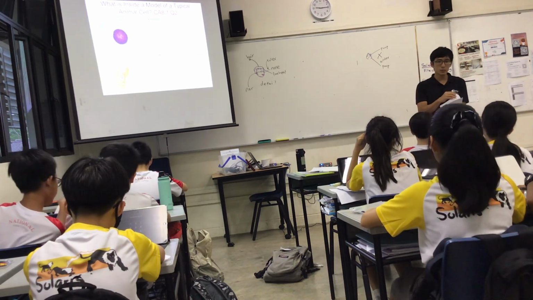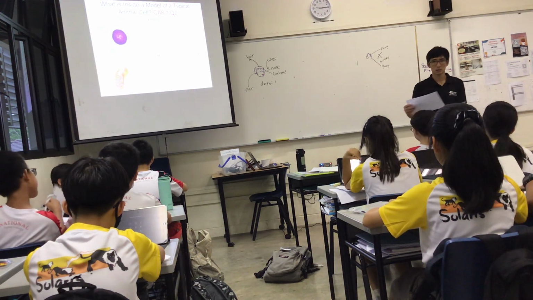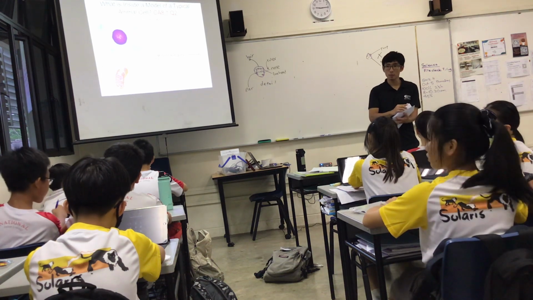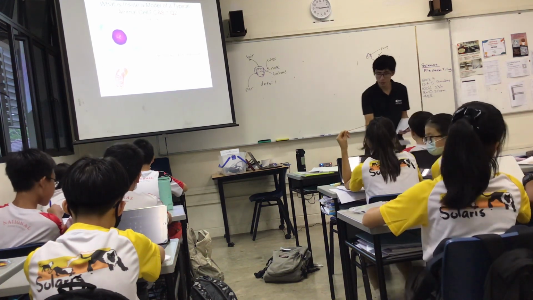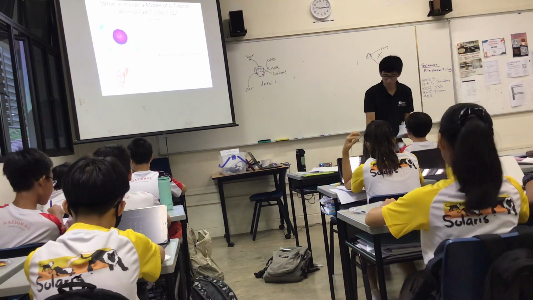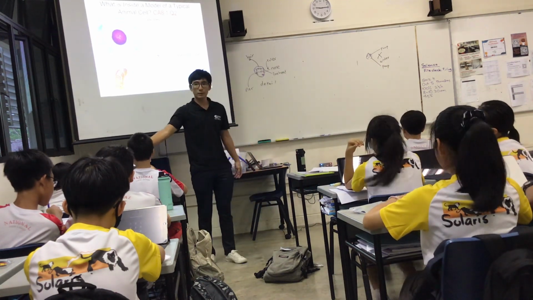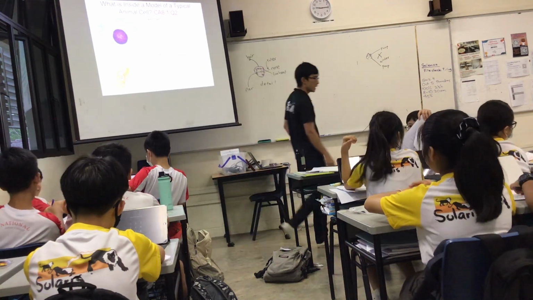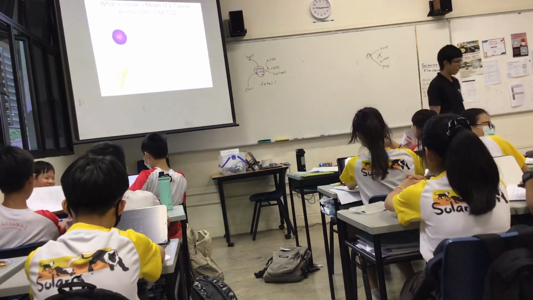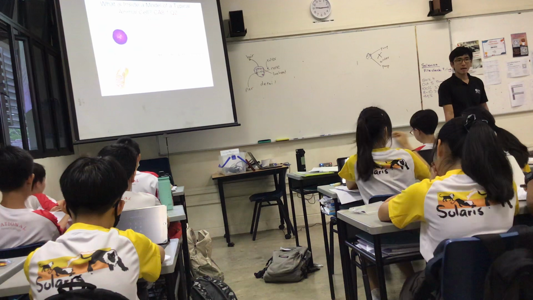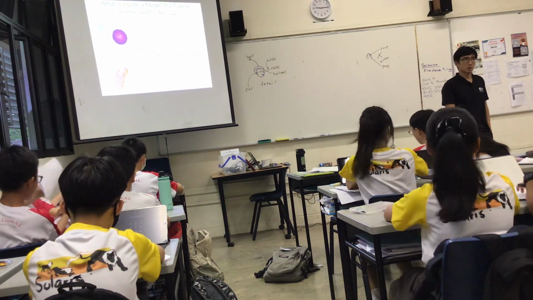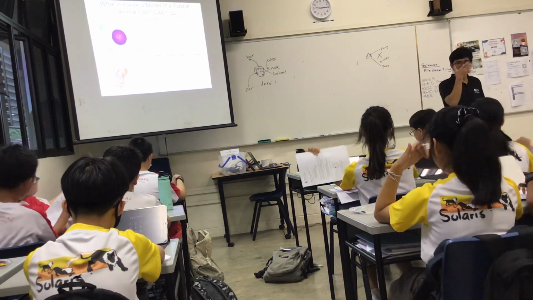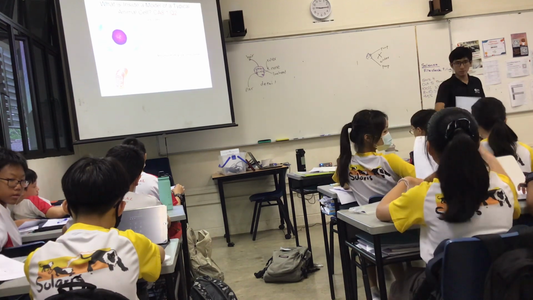Can someone, who is Yumi's buddy? Who can help keep for Yumi? Can write down her name so that she can have the worksheet as well. Who else is absent today? No one? Okay. So write down Yumi's name so she will have a worksheet. I say again, next week when I collect your file, how much you get for your submission score is based on your proportion of submission.